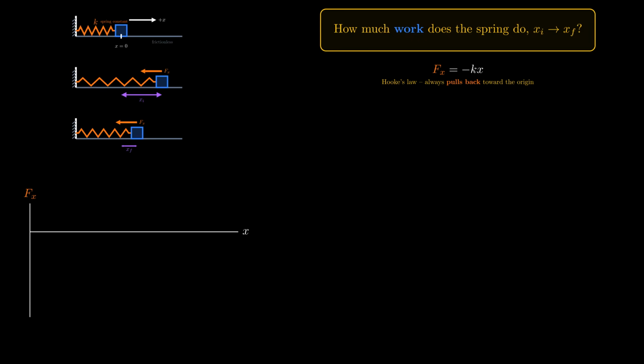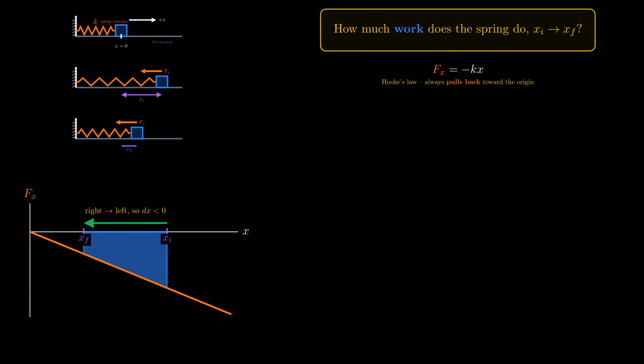Graphed against x, that is a straight line through the origin with negative slope. Mark x sub f and x sub i on the positive axis. The work is the signed area between the line and the axis, from x sub i to x sub f. The integral does the bookkeeping. W equals the integral from x sub i to x sub f of negative kx dx.